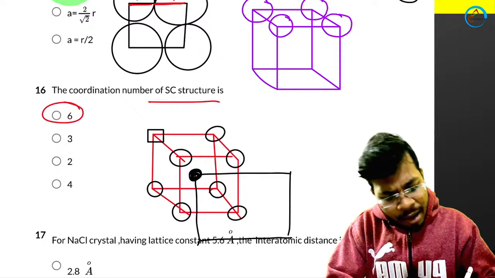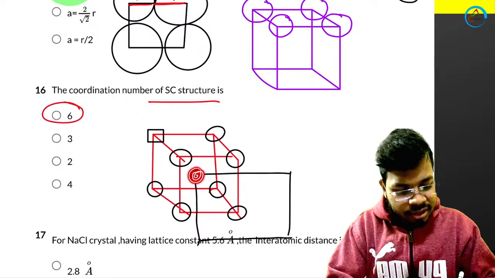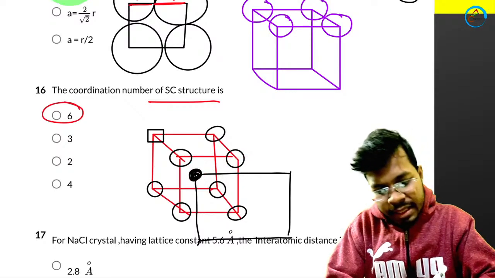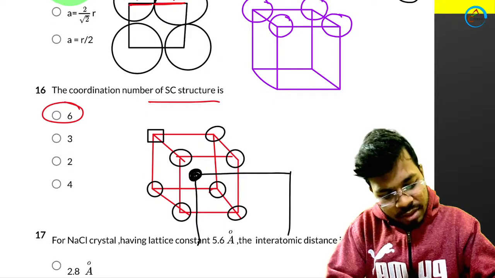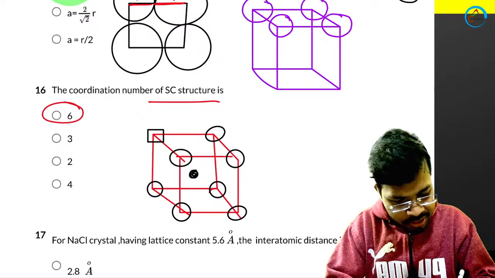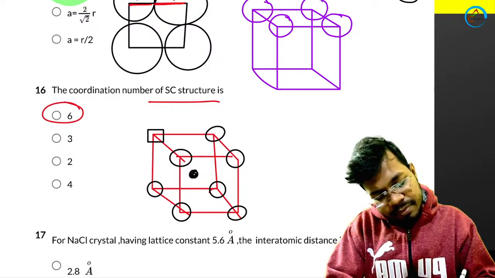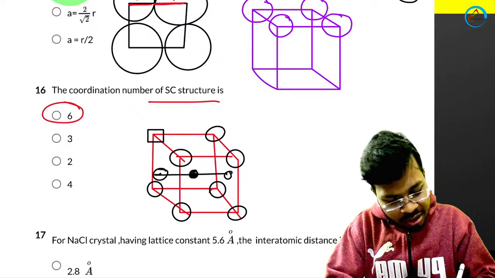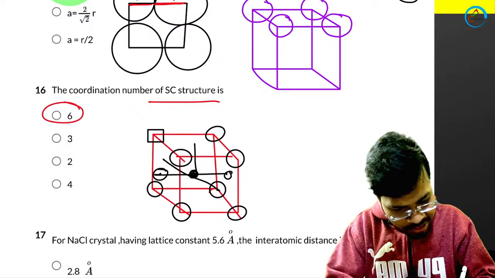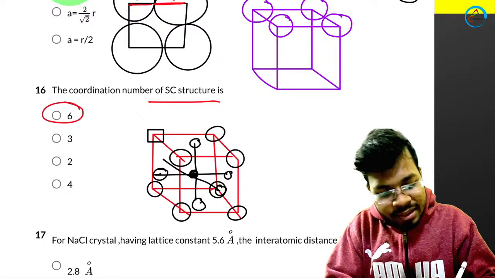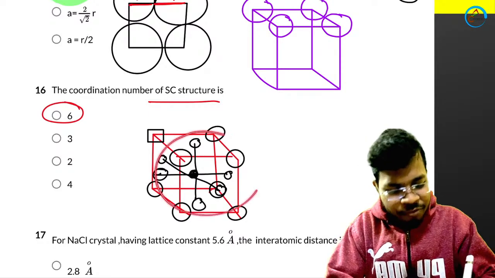So it has 1, 2, 3, in this way. It's impossible to show you in one picture, but I am trying. From here you can have another picture, another picture, like octahedral-like things. So it's tough with one picture.